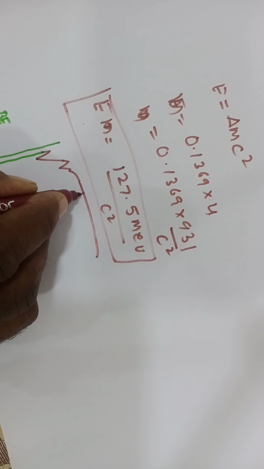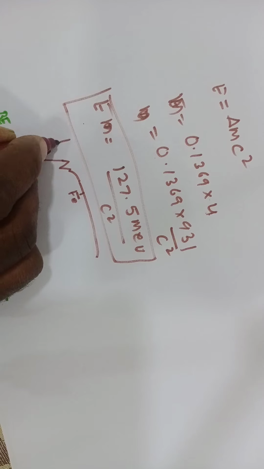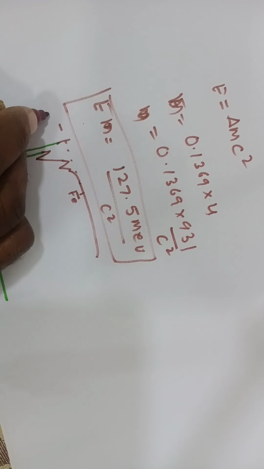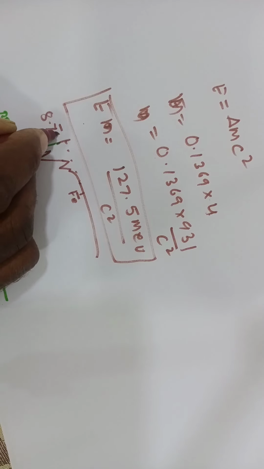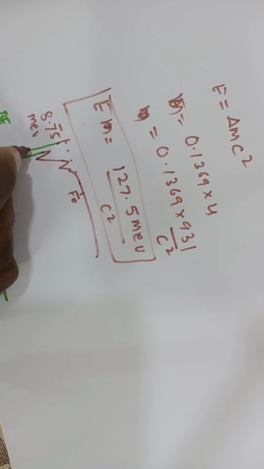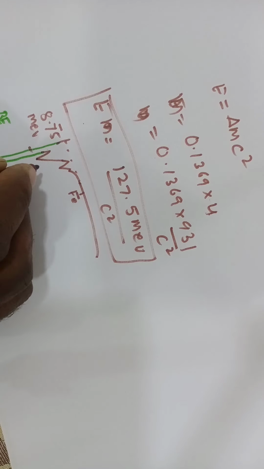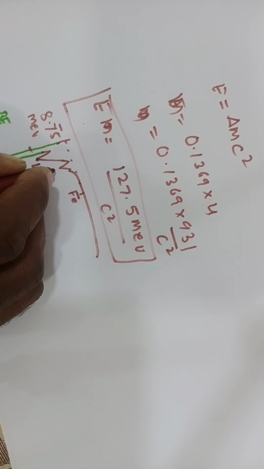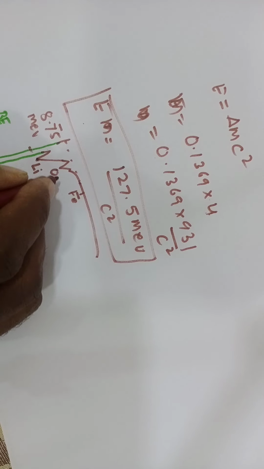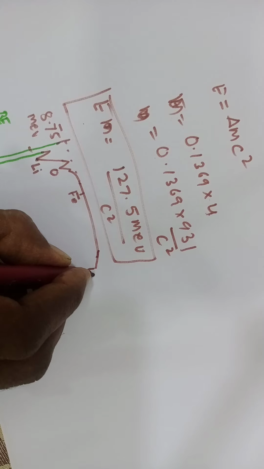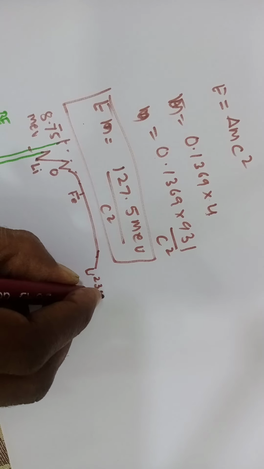And here we have Fe. This point corresponds to 8.75 million electron volt. This is our other elements. Here we have lithium, here we have oxygen and uranium 235.